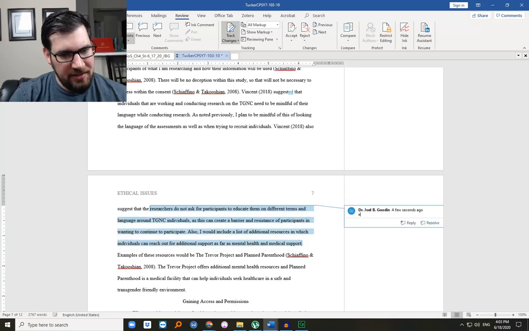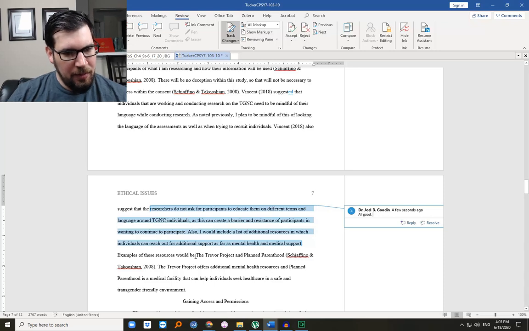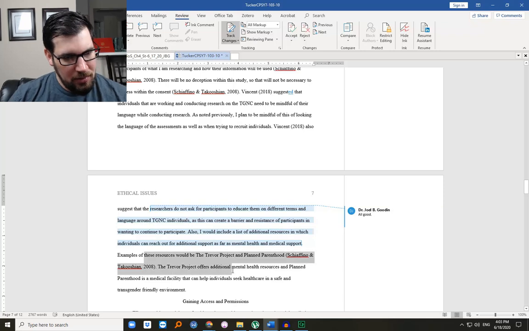Okay, this is all good. It may not be perfect, but the point is they are working on it. They are trying to provide a logical supported argument.